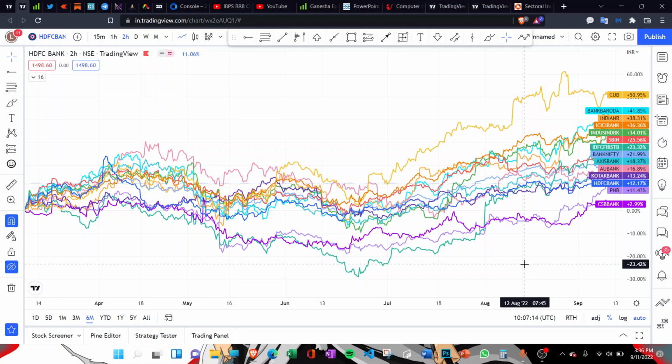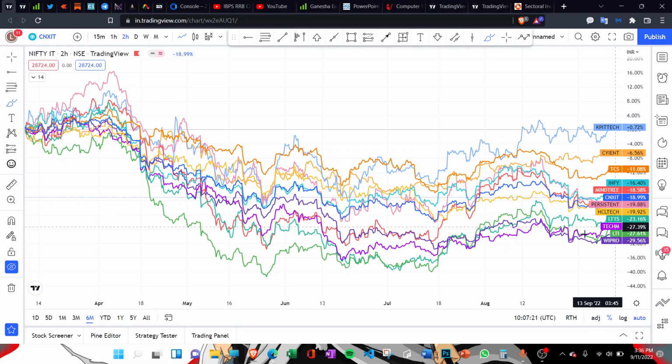So find the leading stocks in the leading sector, and maybe one or two contrarian picks as well. Like the IT sector is currently placed well, and in the IT sector we have KPIT, Sient, and TCS as the current outperformers.